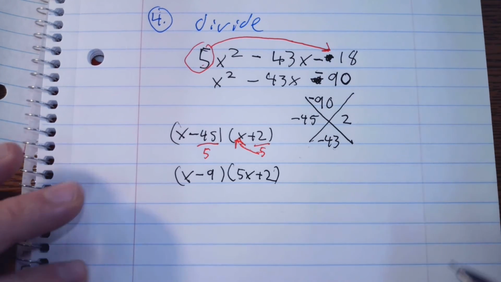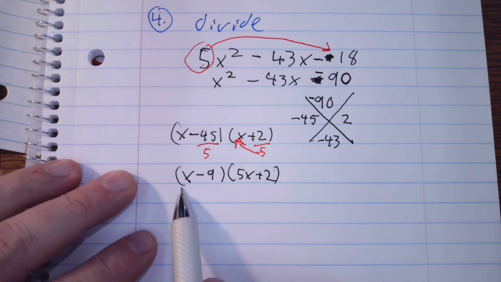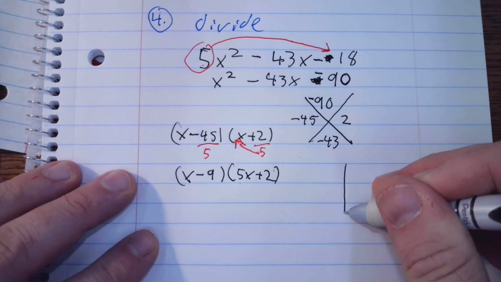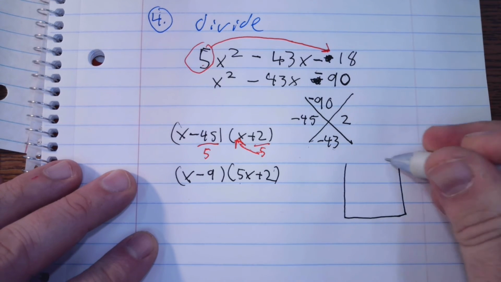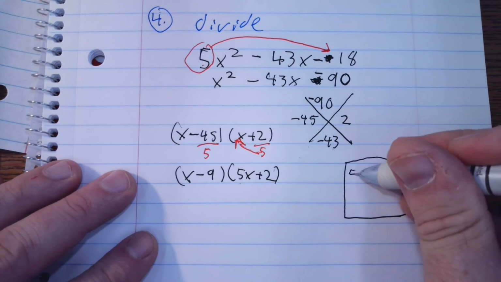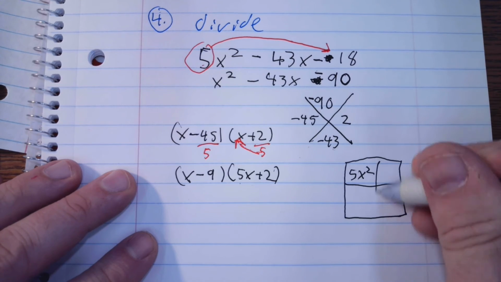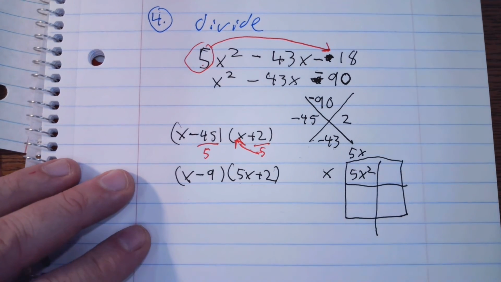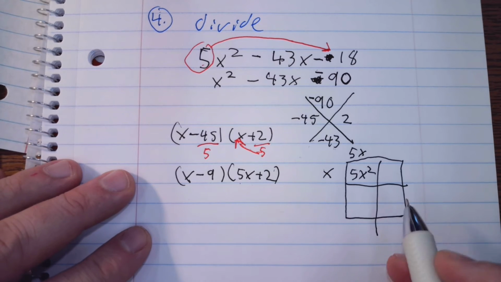Okay? And just to explain it a little bit, we have to have this first part, don't we? Because to get the answer that we started with, the only way to get 5x squared when we FOIL it, right, would be to have x times 5x. Is that true? Is that the only way to do that?